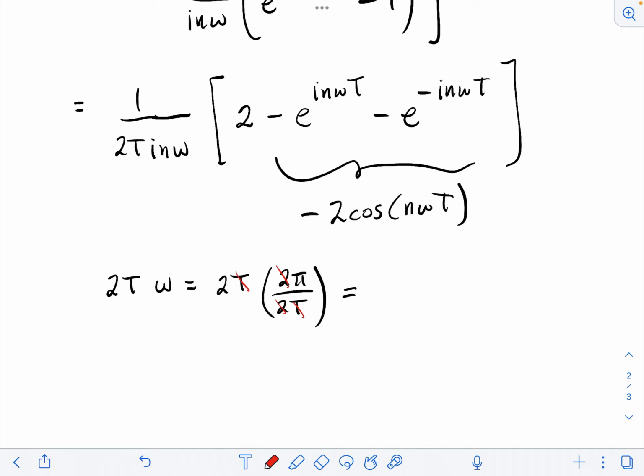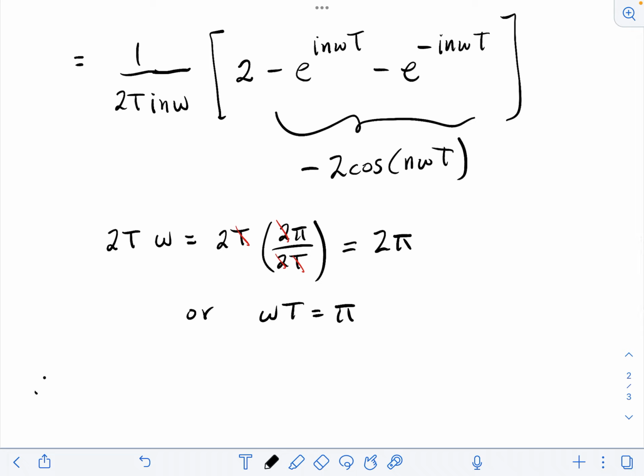2 omega t, so that's 2 pi. Or if we just had an omega t, that would be equal to pi. All right.